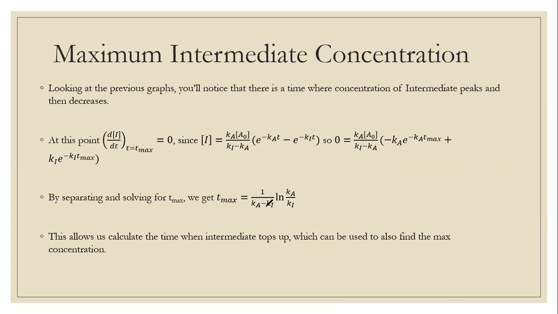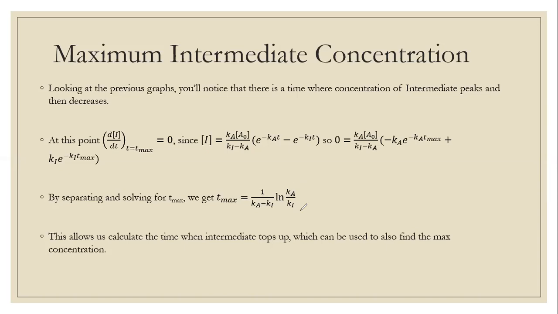Once again, if Ka is really big with respect to Ki, you get a very large ratio, and t max is going to start increasing. But of course, then you're dividing by a larger number, the difference of Ka and Ki.